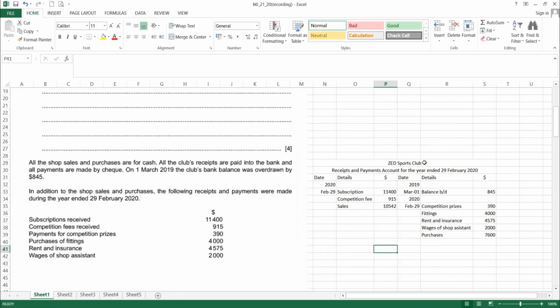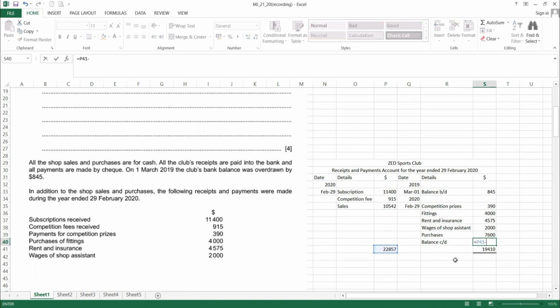Now we need to check whether debit or credit is more. In this question, we have debit more than credit. So we should have the balance carried down on the credit side and balance brought down on the debit side.